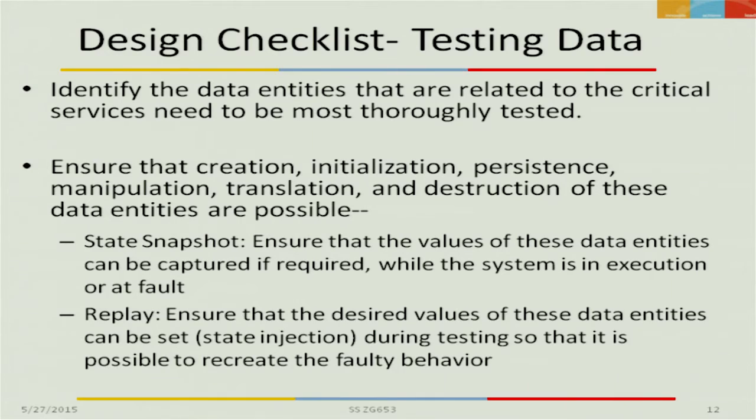What is meant by this is that for those critical services, identify the critical data entities that those services are going to use, and for those data entities now create some mechanism by which those data entity values can be captured if required during runtime, because if that can be captured, then when the system is at fault, you can look at what were the values and then you can possibly fix it.